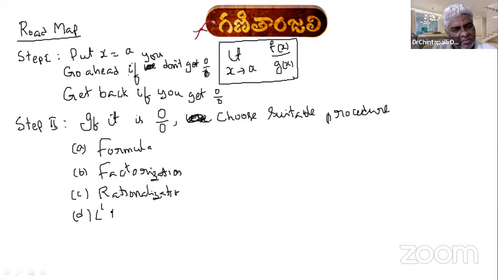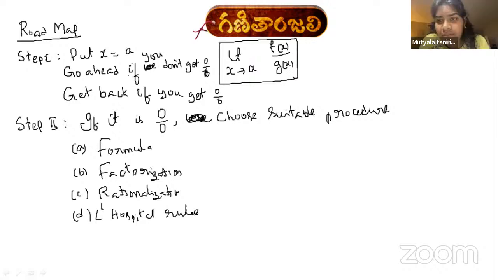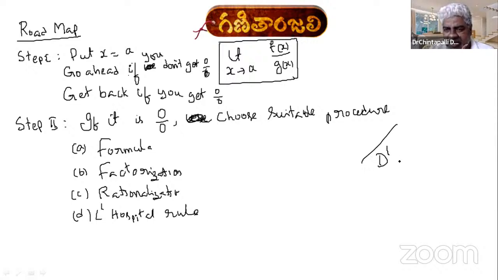It is a new one. How do you read it? L'Hopital? In foreign countries, there are some names which are written like this, with a hyphen, like D'Alembert, who is also a mathematician.